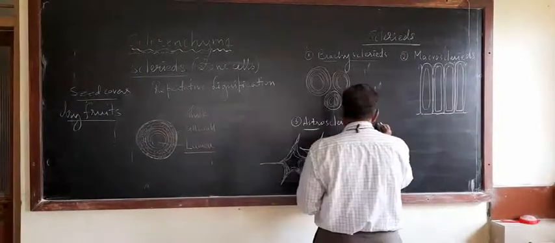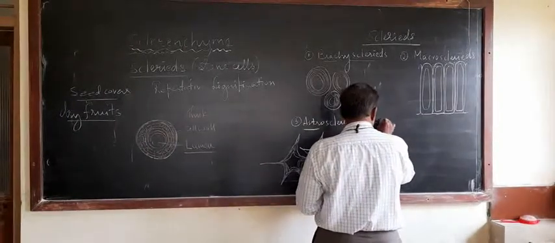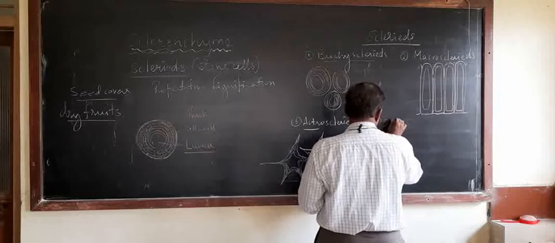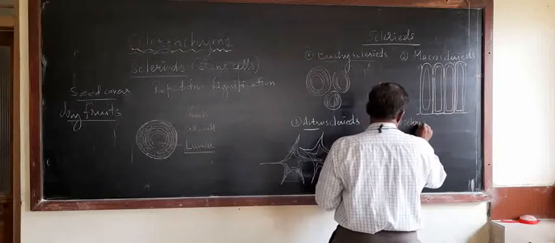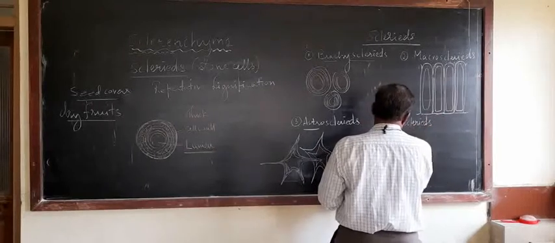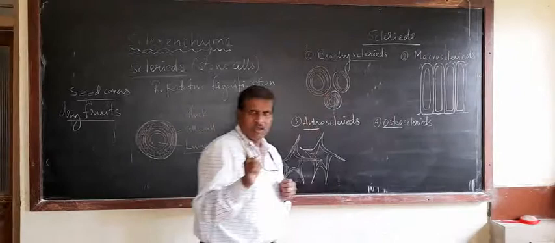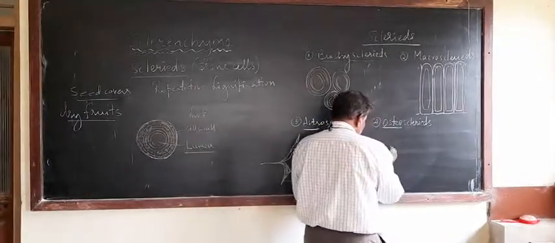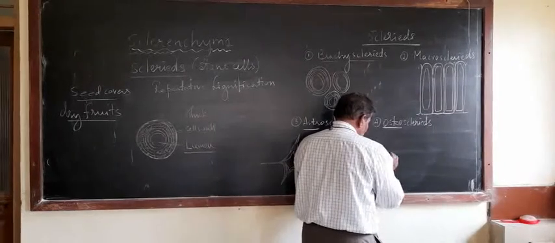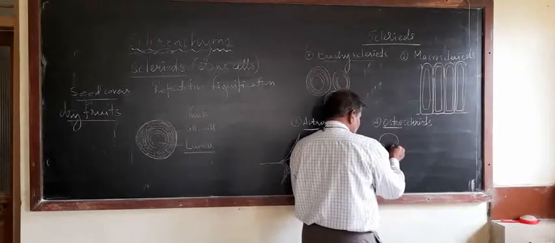Then comes osteosclereids. Osteon means bone. These sclereids are like bones. They are looking like bones.